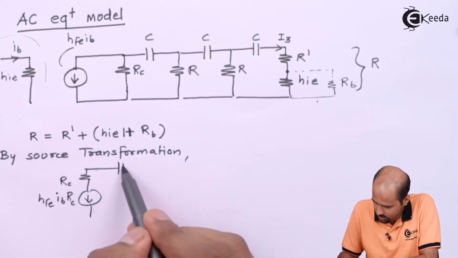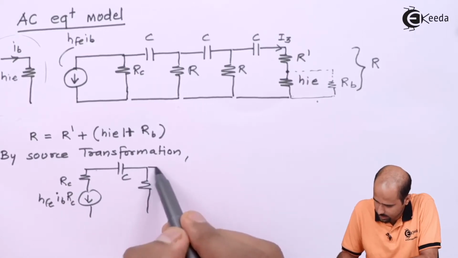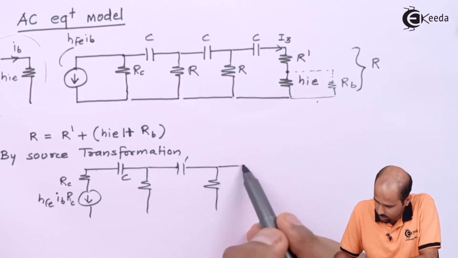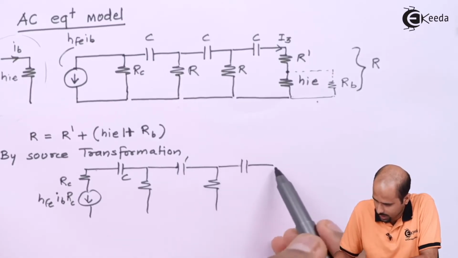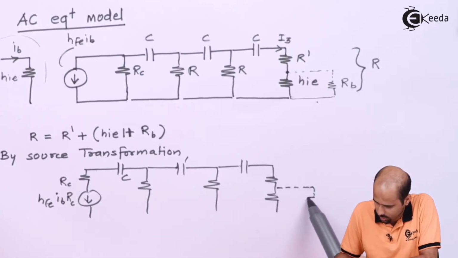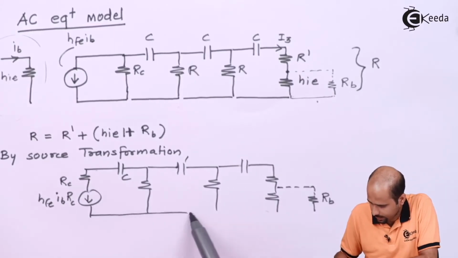Then this is a capacitor, then this is the resistance, this is again a capacitor, again a resistor, the third and last capacitor, this is R, this is HIE, and this is RB, and all are connected to ground.